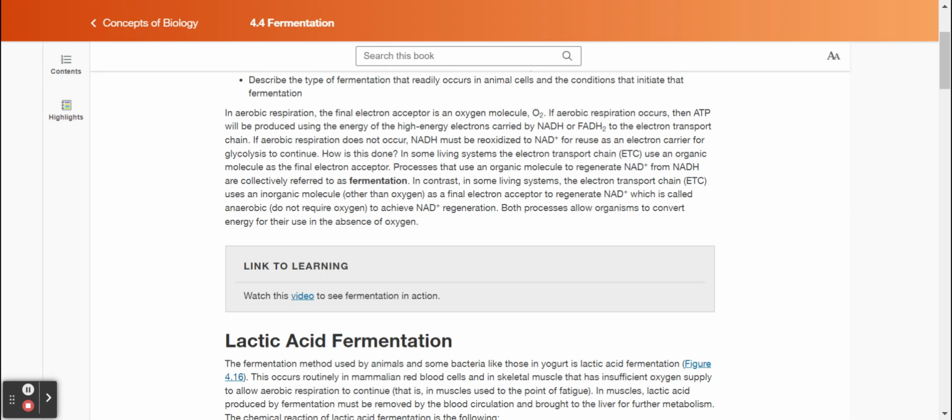In some living systems, the electron transport chain, ETC, uses an organic molecule as the final electron acceptor. Processes that use an organic molecule to regenerate NAD+ from NADH are collectively referred to as fermentation.